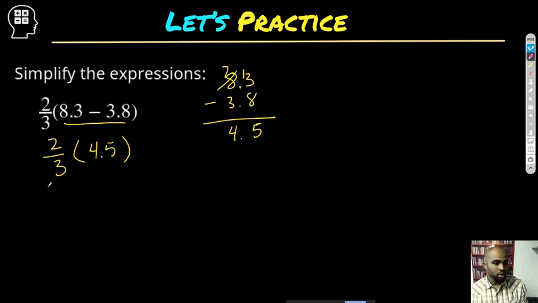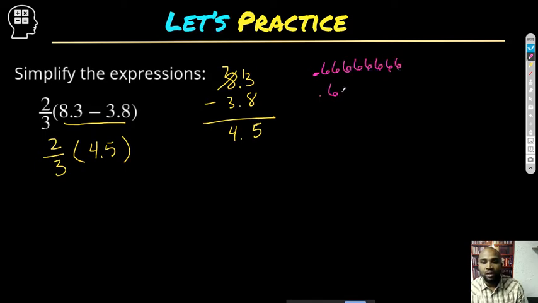Now I'm going to work it both ways. I'm going to translate this into a fraction first, and then I'll do a decimal. Actually, now that I look at it, the best way is to make it a fraction, because 2/3 is a repeating decimal. And how do you multiply a repeating decimal?